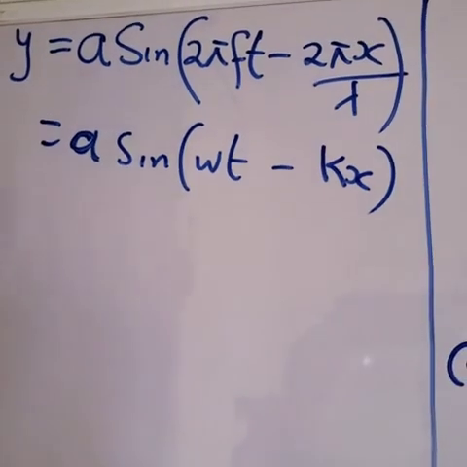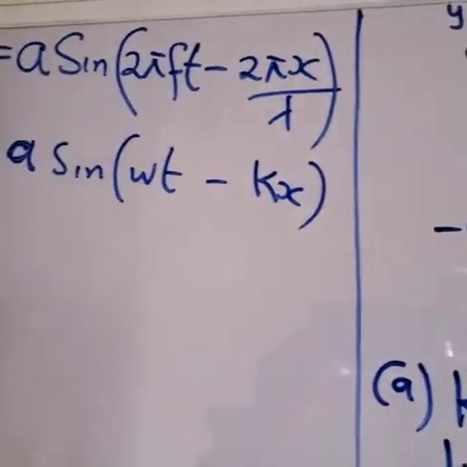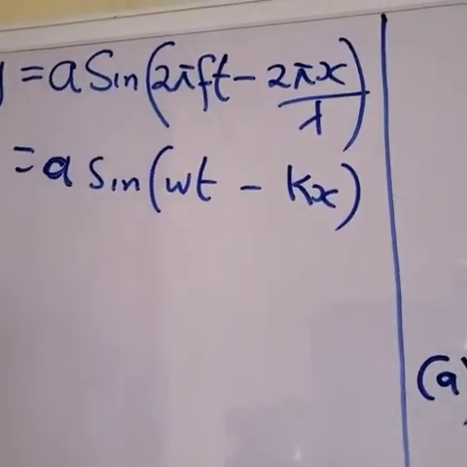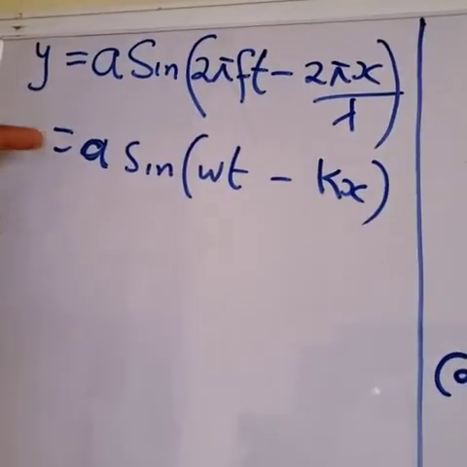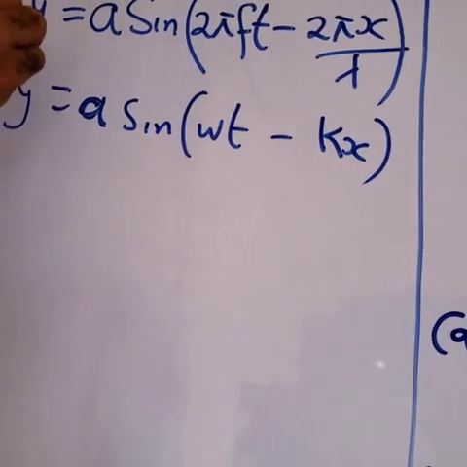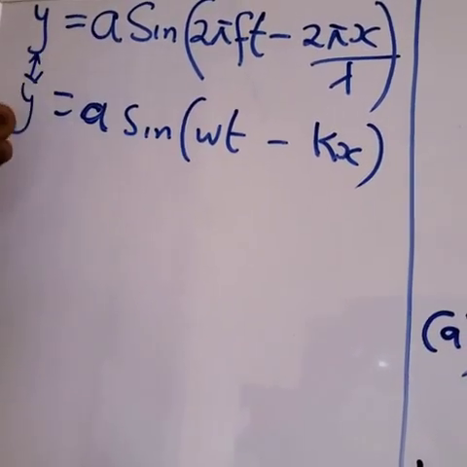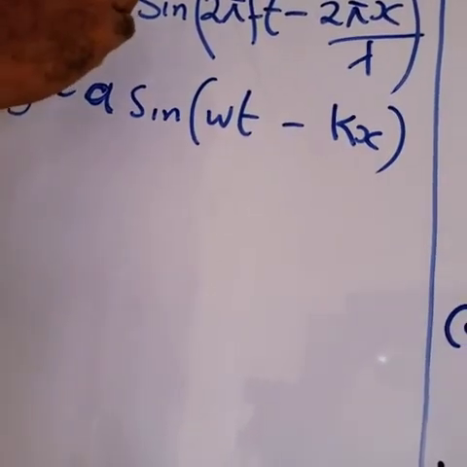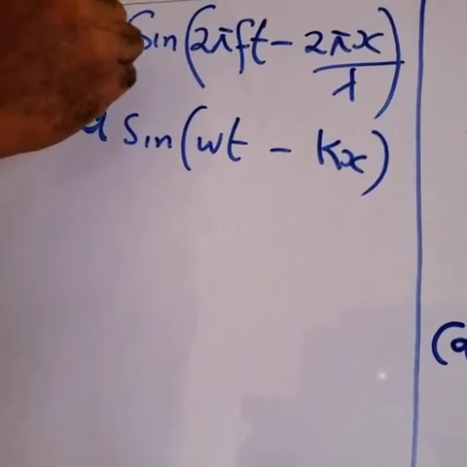You don't need to start proving it, because the proof is there, but that is not what we're doing now. Compare this with the one given to you in the question. You see, in place of y, which is the displacement of the point, y is here. In place of a, you have a.